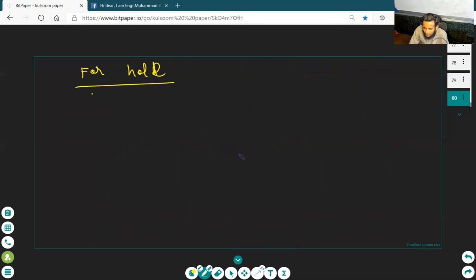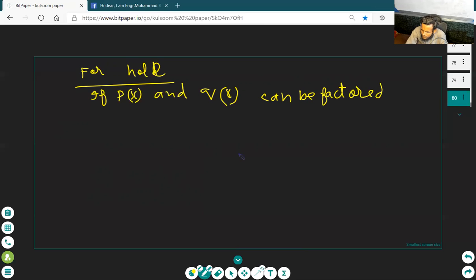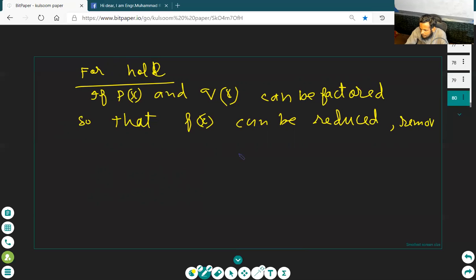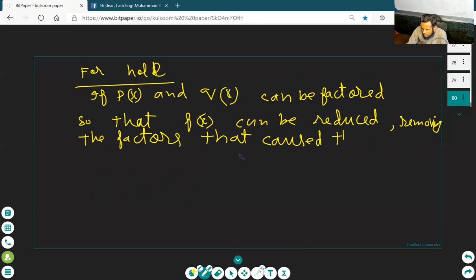If p of x and q of x can be factored so that f of x can be reduced, we remove the factors that caused the discontinuity.